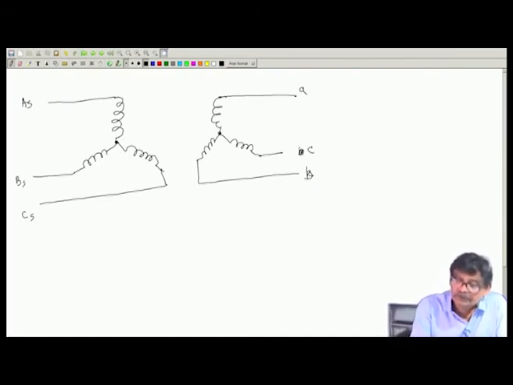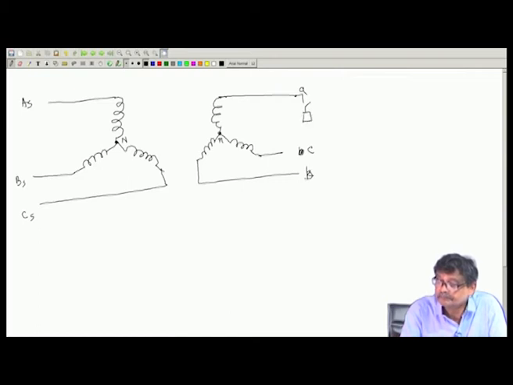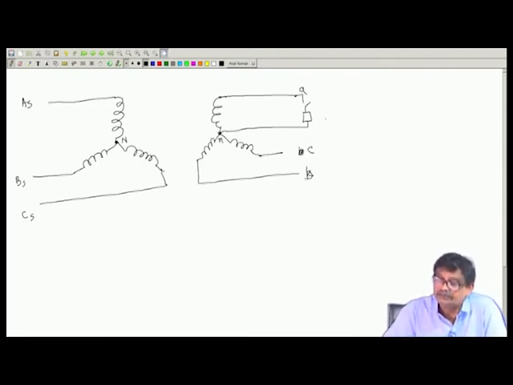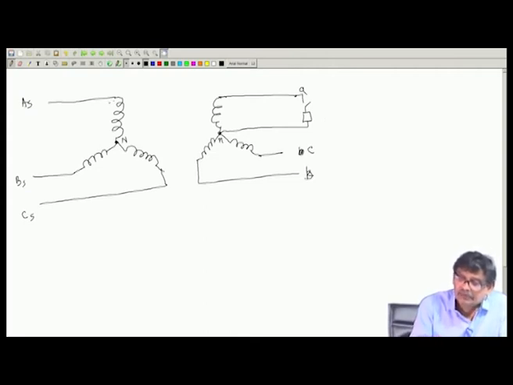This is suppose transformer neutral here, this is the neutral on this side. Suppose I plan to connect a load like this, that is I want to attempt to supply a single phase load out of this transformer. And these are suppose dots here.